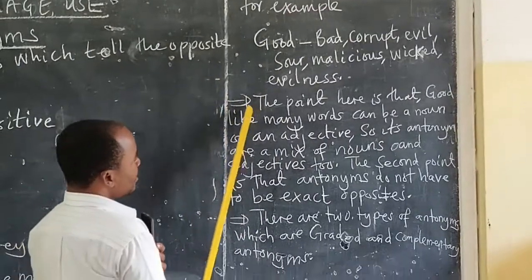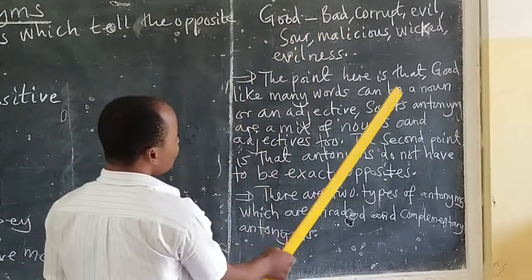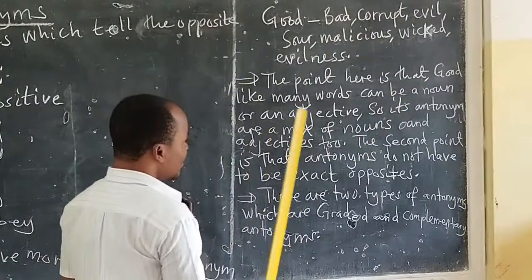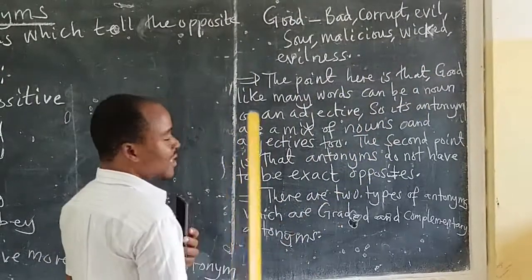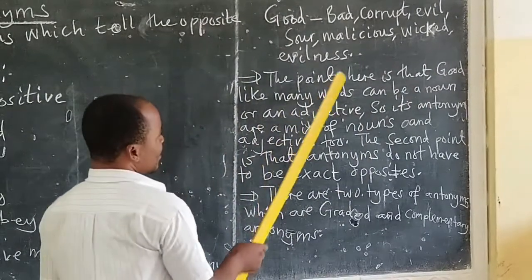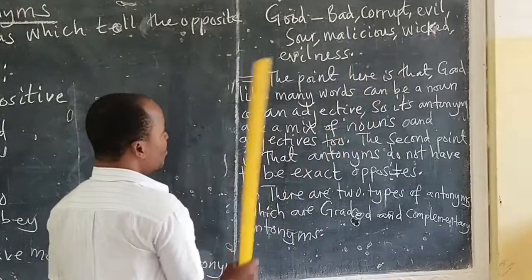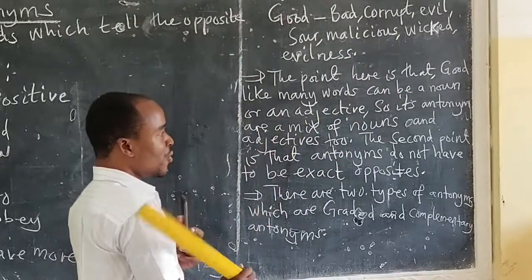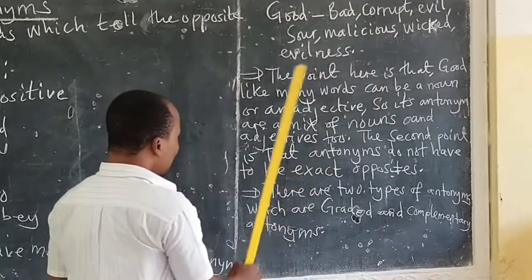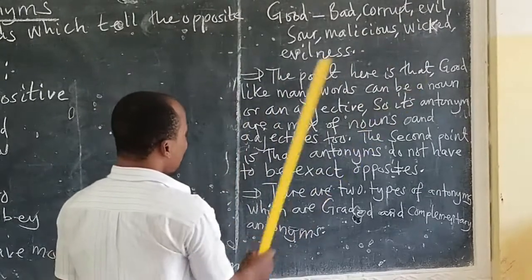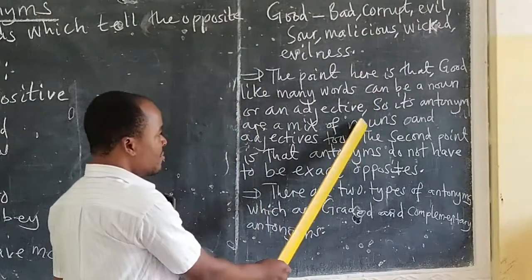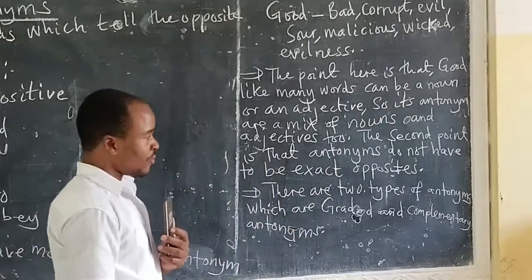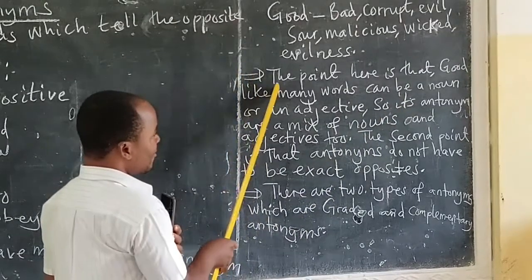Then we have a point here. We say the point here is meaning that the word good, like many other words, can be a noun or an adjective. So its antonyms are a mix of nouns and adjectives too. That is the first point.